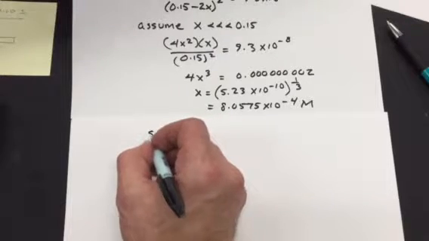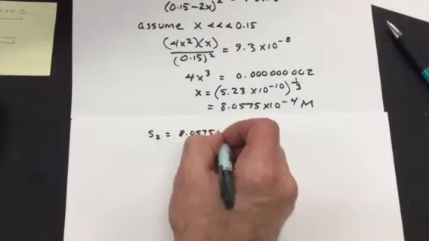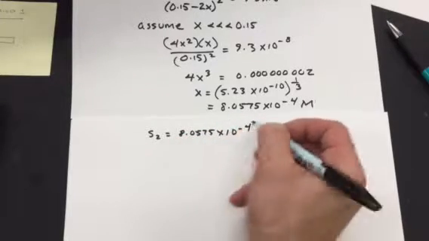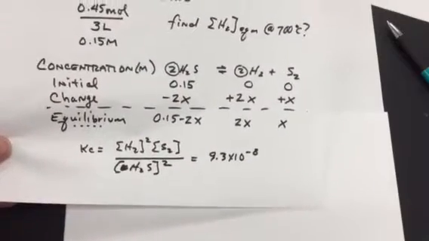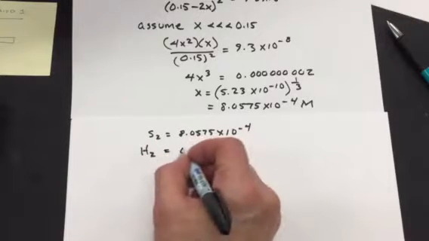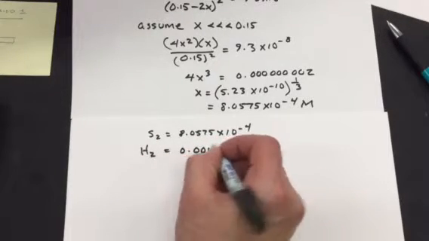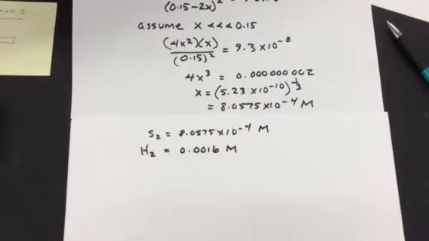I'm going to say that my S2 is going to be 8.0575 times 10 to the minus 4. The hydrogen, if you might remember from the equation, is going to be twice that. So I take that twice, and I get 0.0016 molar. I could find my HI, but that's not what the problem asks me to do.